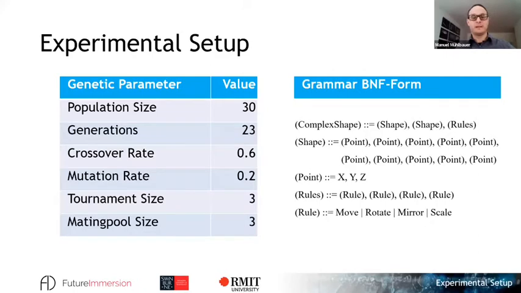The experimental setup during the case studies you can see on this slide. On the left side, the generic parameters used during the optimization process. On the right side, you can see the grammar we used in Backus-Naur form, building complex shapes from simple shapes by applying shape grammar rules.